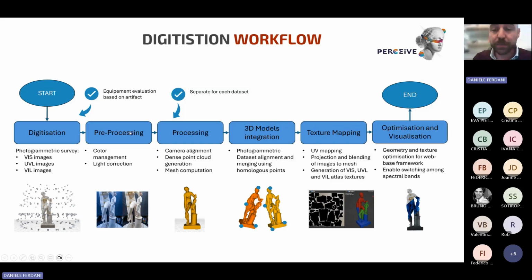And finally, post-processing using computer graphics software in order to optimize the meshes and the textures for Web 3D implementation. So now I'm going to explain in more detail this digitization workflow that we used to create this multi-layered model.